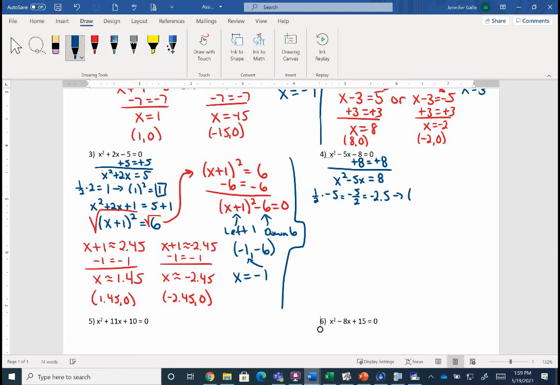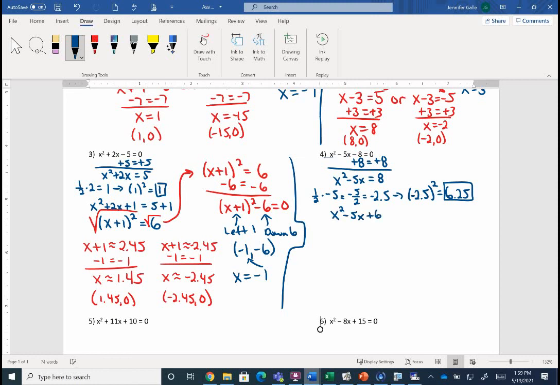We take negative 2.5 and we square it. And we get 6.25. Go ahead and use that decimal. We really shouldn't round any decimals, but this one is a nice terminating one. Leave it as 6.25. Now we need to make that square on that left side, so x squared minus 5x.